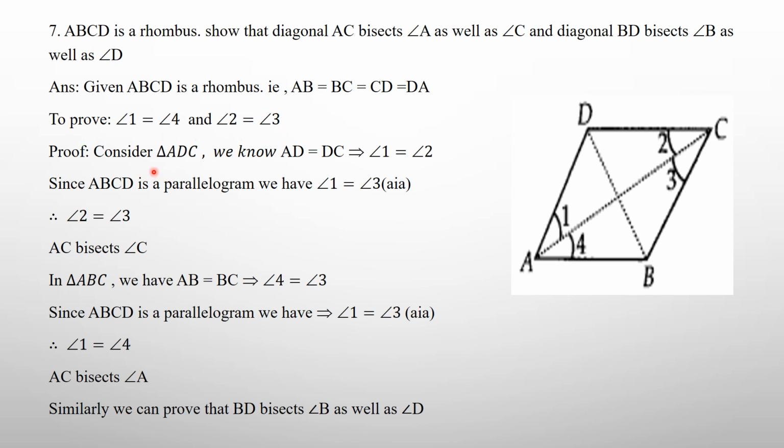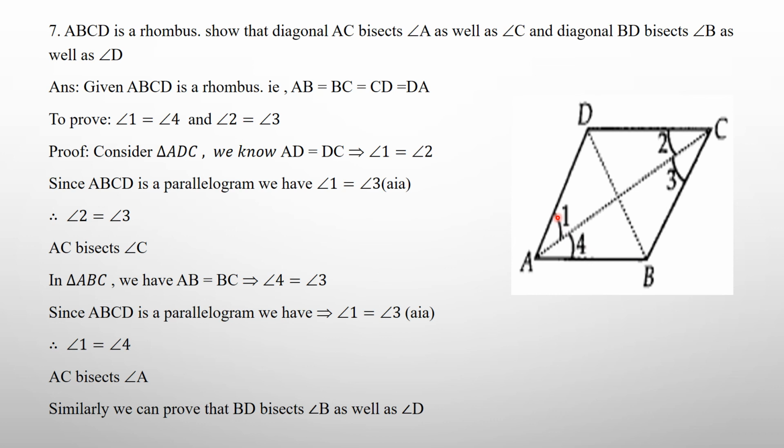For this, let us consider the triangle ADC. We have the condition AD is equal to DC. If the two sides are equal, we call that an isosceles triangle. If two sides are equal, its base angles are also equal. From this we can write angle 1 is equal to angle 2. We know ABCD is a rhombus, means ABCD is also a parallelogram.